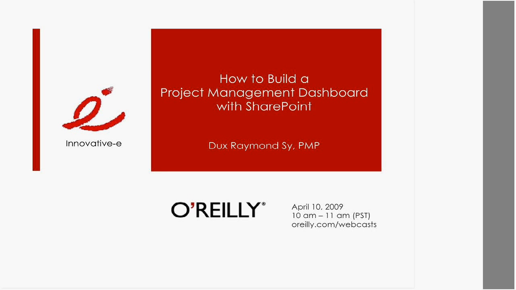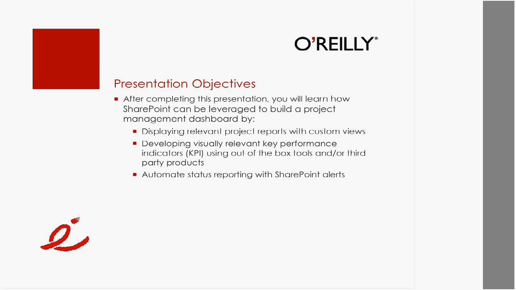As we all know, in any project environment, having some kind of reporting or metric measurement is critical. So in the next hour, we'll see how we can take advantage of SharePoint to build a project management dashboard. We'll hone in on key topics such as how we create reports with custom views, and from these reports develop visually relevant key performance indicators, or KPIs.